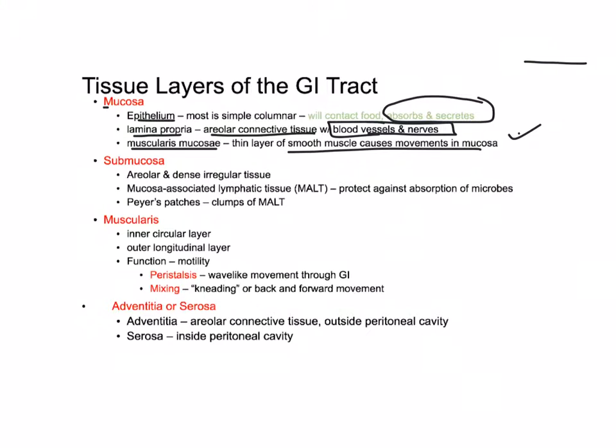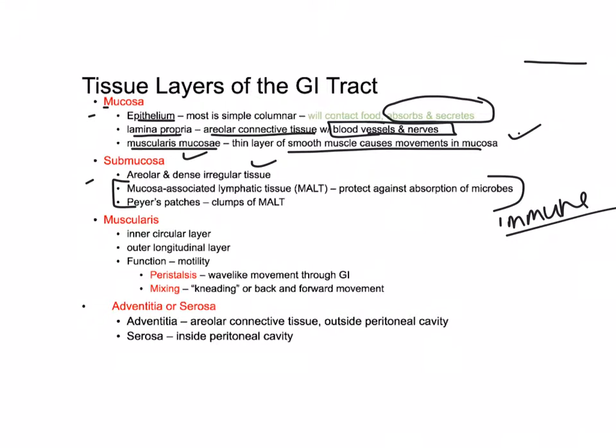The submucosa is underneath of that, so I always think about subflooring. This is the floor, this is the subfloor, so it's below it. The submucosa is made out of areolar tissue and dense irregular tissue. What's special about it is it has some immune function.